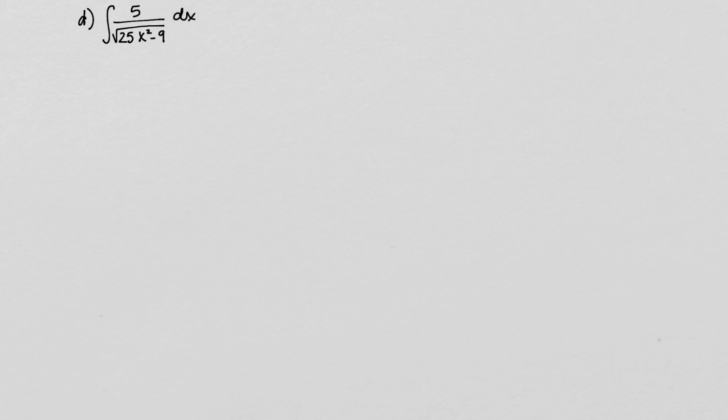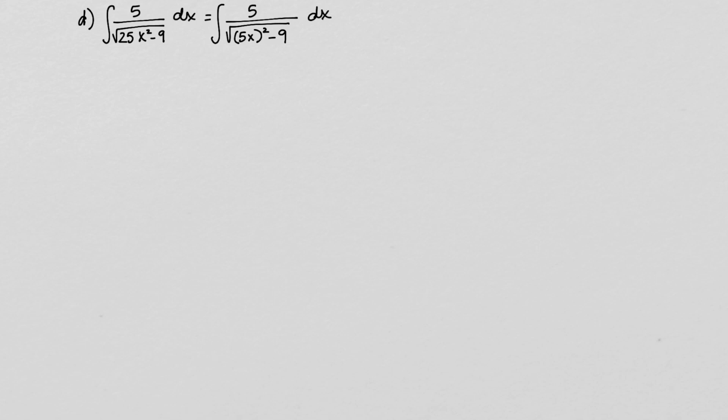Okay, it kind of looks like x squared minus a squared, but the problem is it's not just x squared, right? It's 25x squared. So that 25 presents a little bit of a problem. So we're actually going to think about this as the integral of 5 over the square root of 5x quantity squared minus 9 dx.